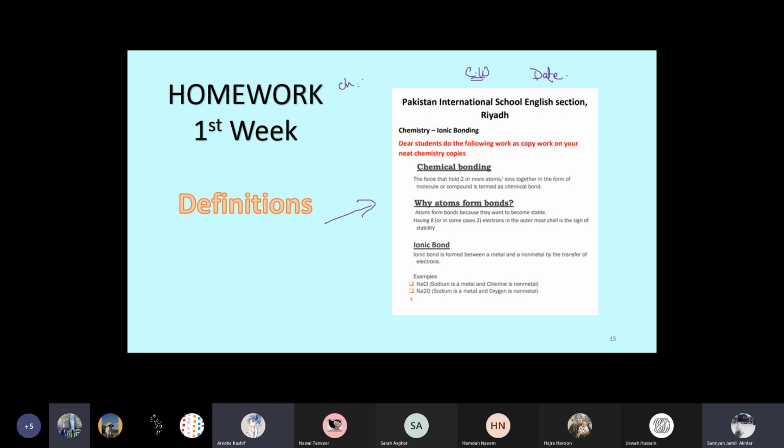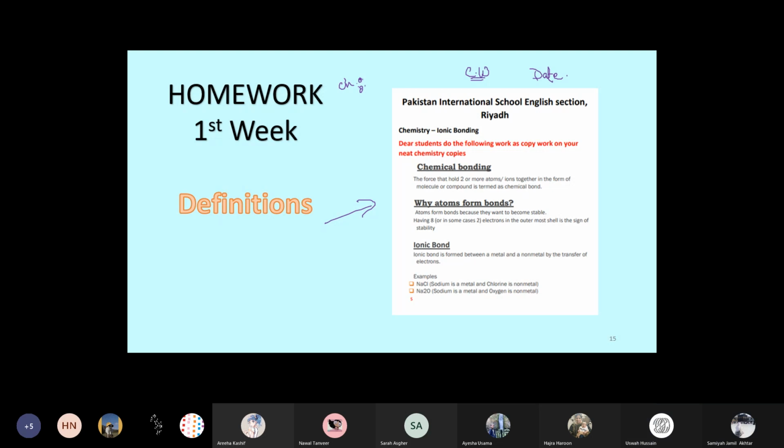Don't write this red line. Teacher, will you upload it somewhere so that we can copy? I will upload it on OneNote and distribute it in your chemistry section, not in the content library. Like in grade 6, you will paste your work after this page. Teacher, are we going to do any worksheets?